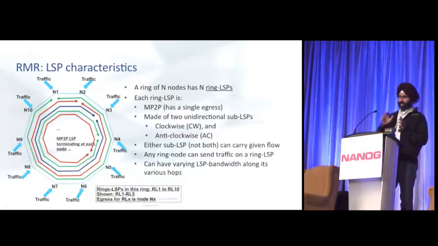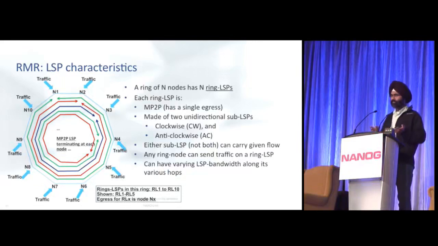Let's look at what it means from the point of view of nodes N3 and N4. Each of these nodes has some traffic shown as ingressing at that node. Now, the traffic ingressing at N1 is irrelevant for the purpose of talking about ring LSP1, because N1 is the egress for that LSP. So we can ignore that traffic. It may be relevant for other ring LSPs.